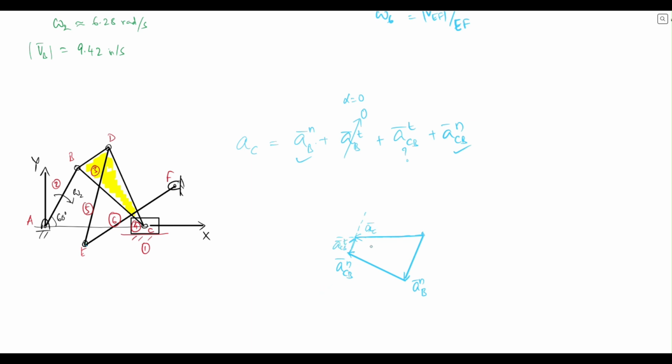From the acceleration of C with respect to B, we can draw a triangle similar to the previous case. We can draw the acceleration of C with respect to B total. From there, we can draw, so this is B, C, we can draw something like this.